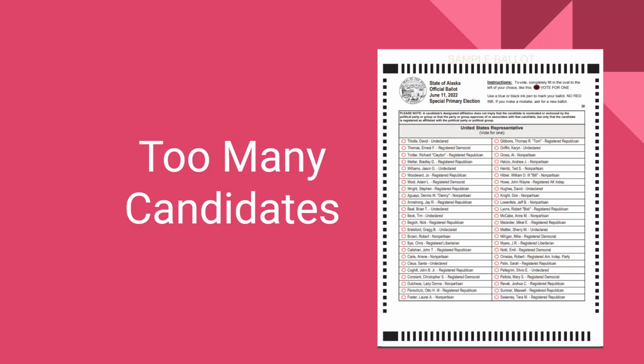It complicates the process, because one of the big benefits of partisan primaries, where Republicans vote in their own Republican primary, Democrats vote in their own primary, Libertarians vote in their own primary, Greens vote in their own primary, American Independents vote in their own primary, Peace and Freedoms vote in their own primary, and so forth.